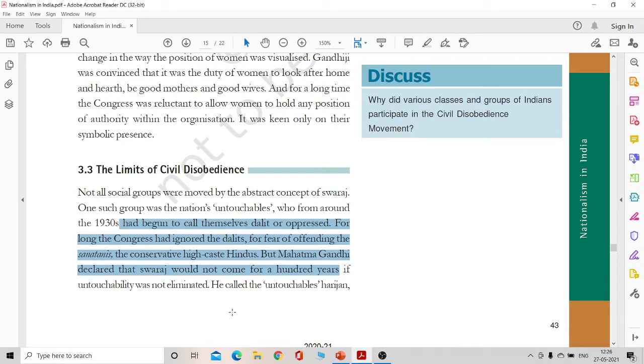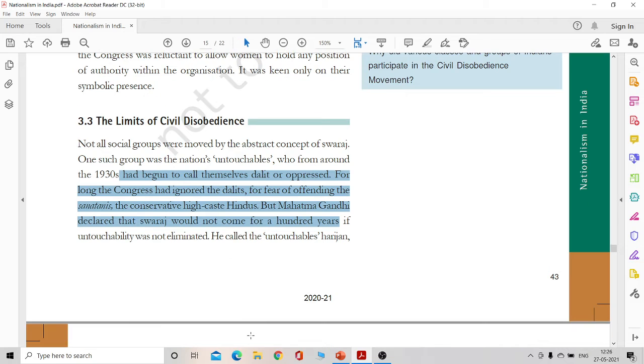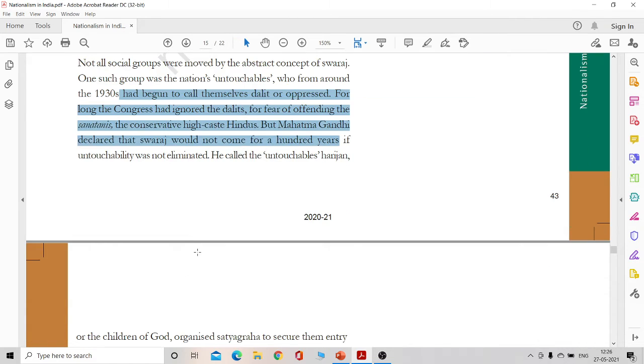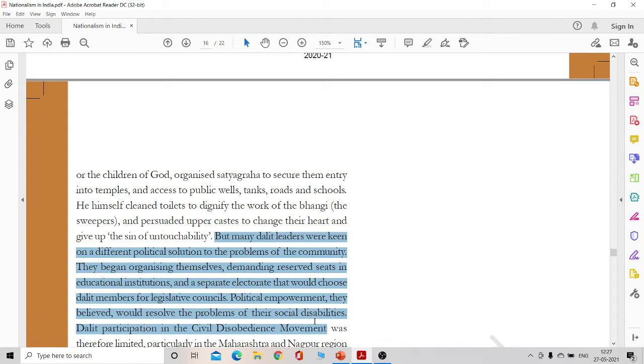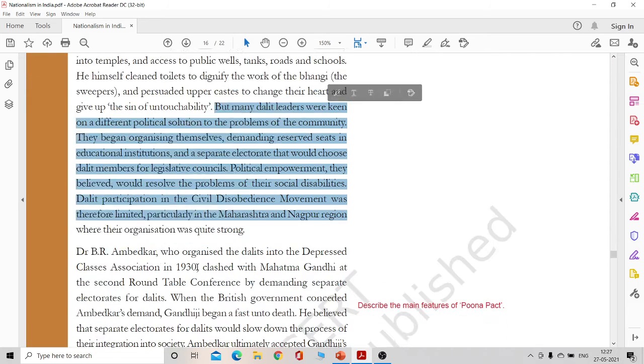The Congress feared the high caste Hindus would not want the Dalits, right? And that is why Mahatma Gandhi, we see later on, starts the Harijan movement to eliminate untouchability, right? Many Dalit leaders like B.R. Ambedkar, however, took different paths.